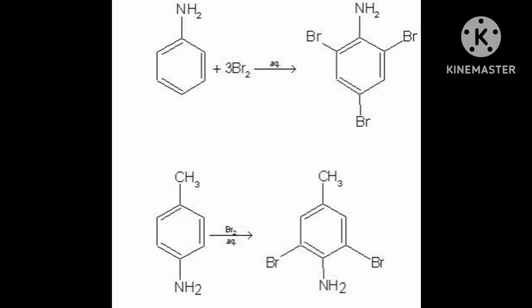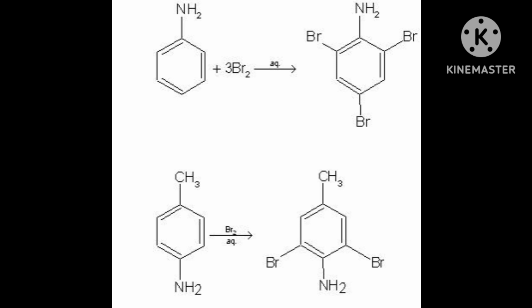The CH3CO which was attached to N, that bond will break, and in its place H plus will come. From where will this H plus come? It will come from the acetic acid. Or you can say you have to do acid hydrolysis. Then you will get H plus.